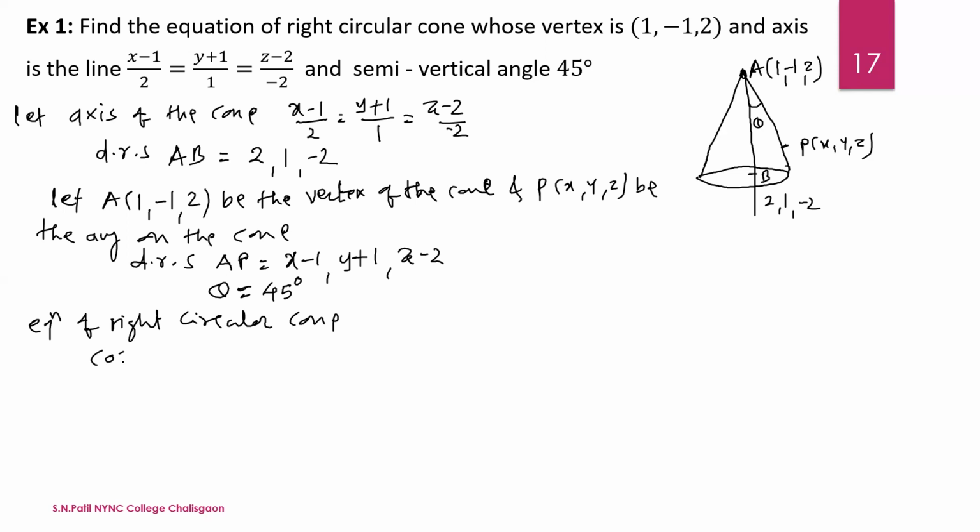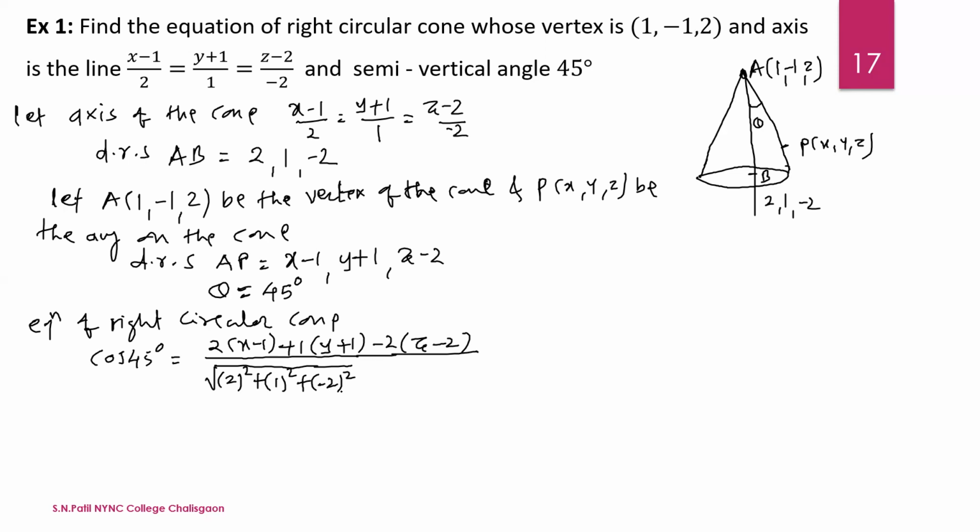That is, cos 45 degrees is equal to [2(x - 1) + 1(y + 1) - 2(z - 2)] divided by the magnitude of the axis, that is square root of 2 square plus 1 square plus (-2) square.